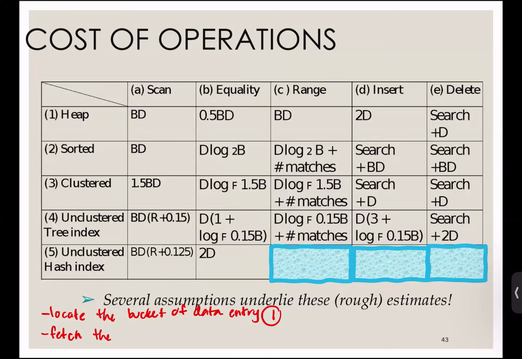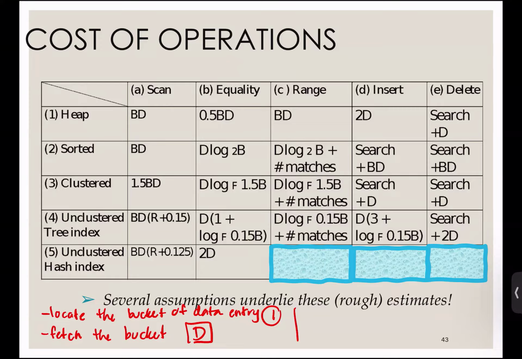Read the bucket. Make sure that you separate this from locating, which is applying the hash function. It gives you some value, but you have to fetch that bucket to read it into main memory. And that's only the index part.